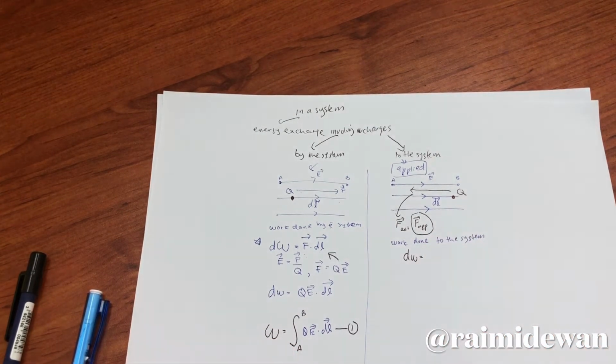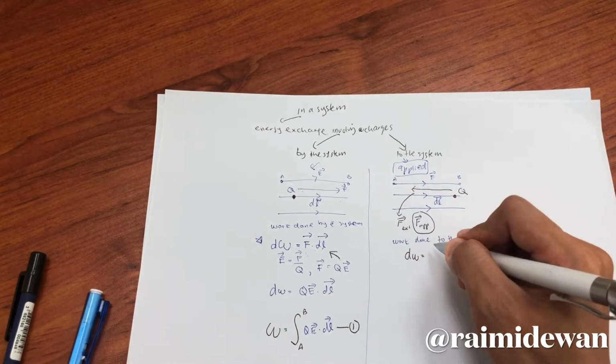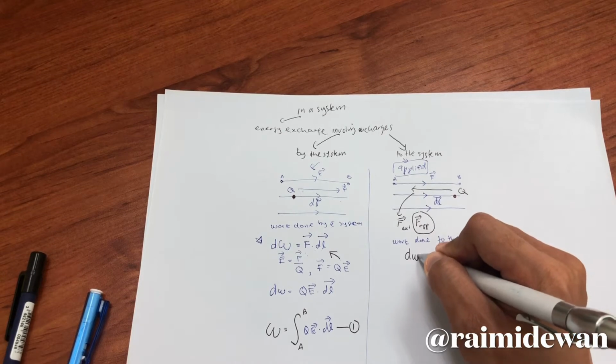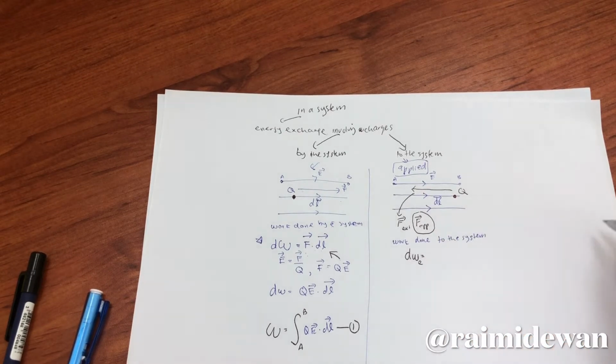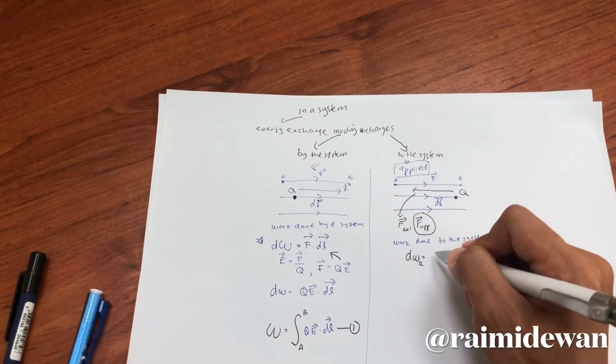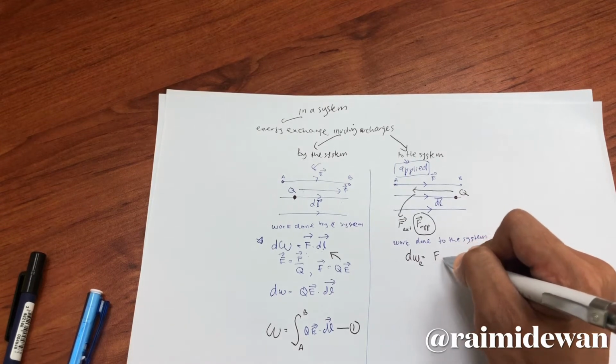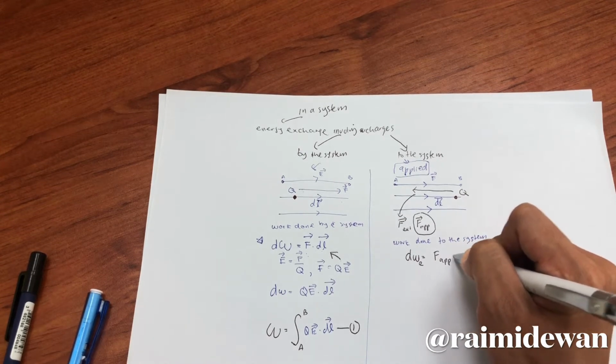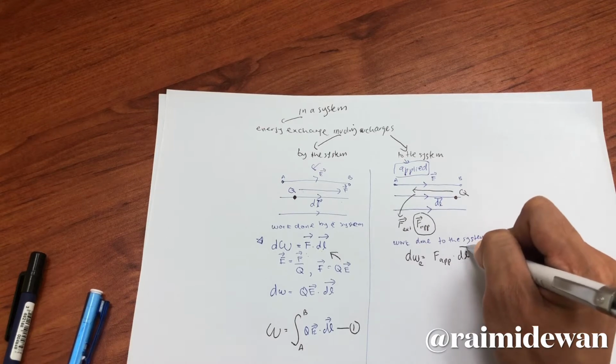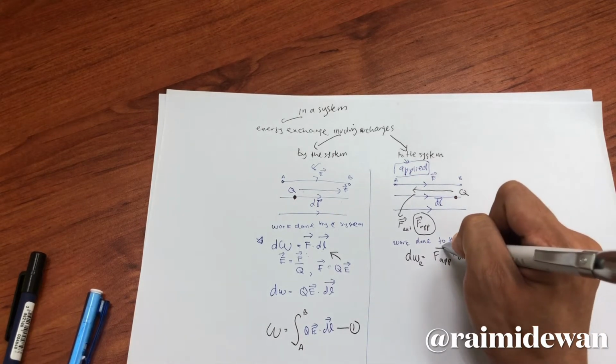So here is dW external, which is F applied dot dl, a vector.